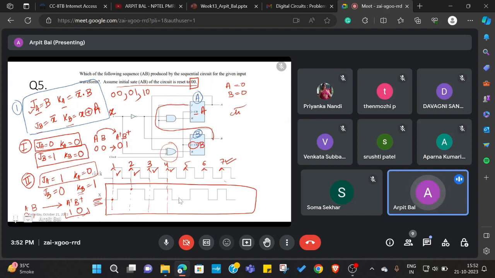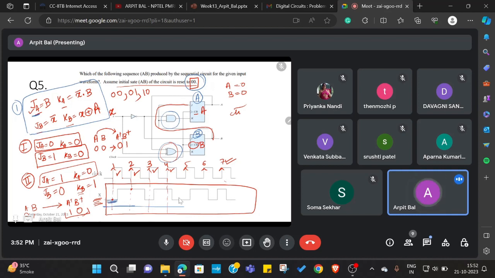For figuring out JA and KA, you just see whatever is connected to these gates and how JA is being excited. After obtaining the equations, use the information available: AB is initially given as 0 0. Then you look at the timing diagram to note the value of X. For the first clock, the X value is 0.